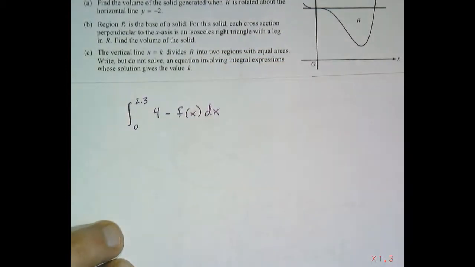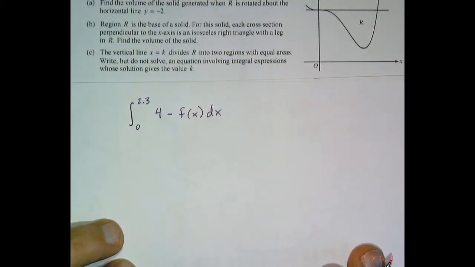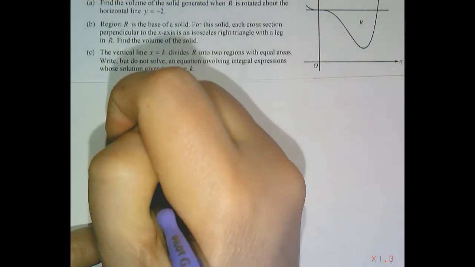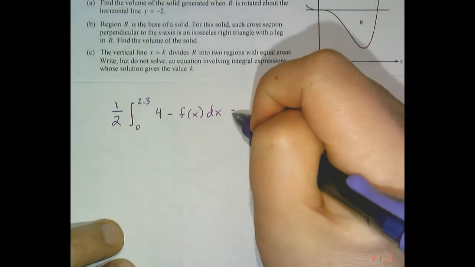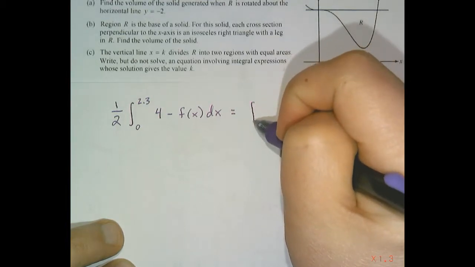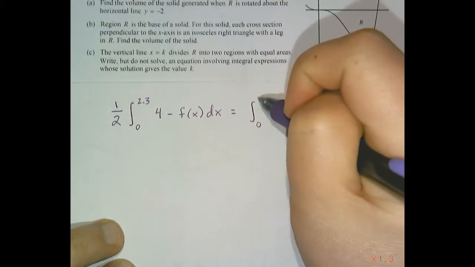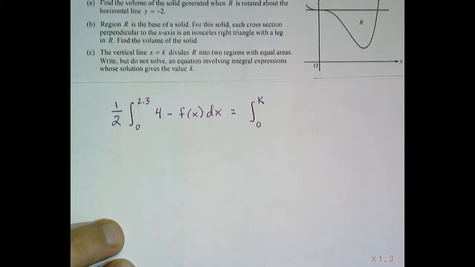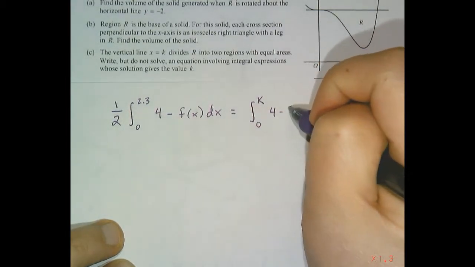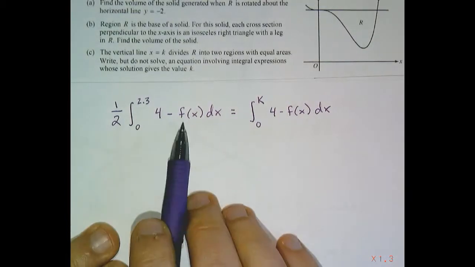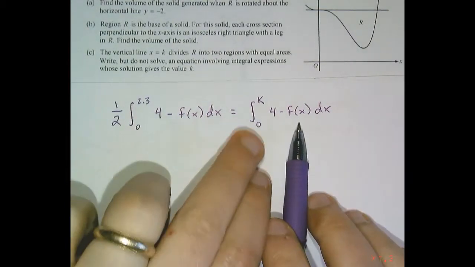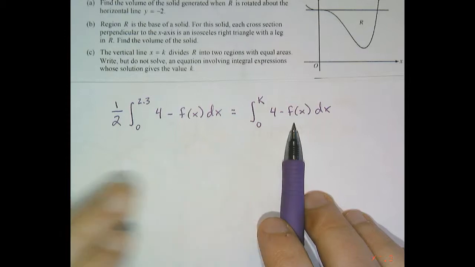That would be the full area of the region. And if we're going to split that region in half, half of that value would give us the area of half of the region. And this would be equal to the area from 0 to that line K of the region. So half of the total area would be the same as the area from 0 to K.